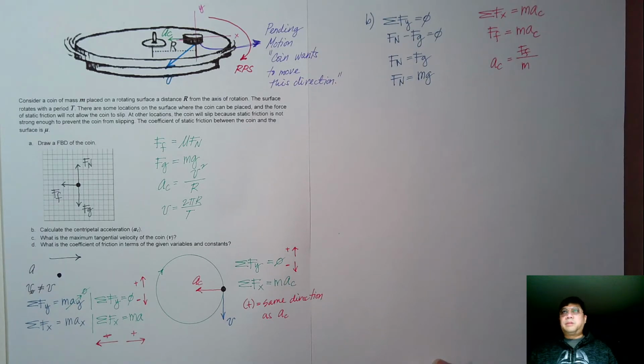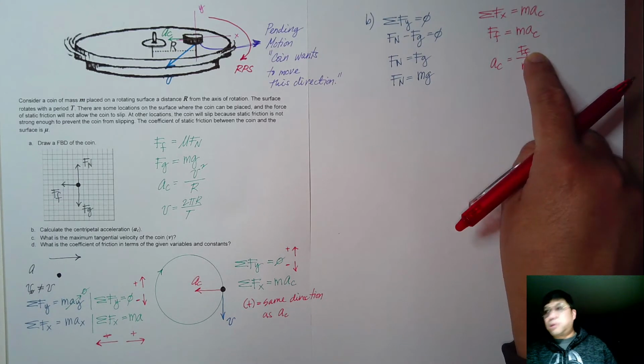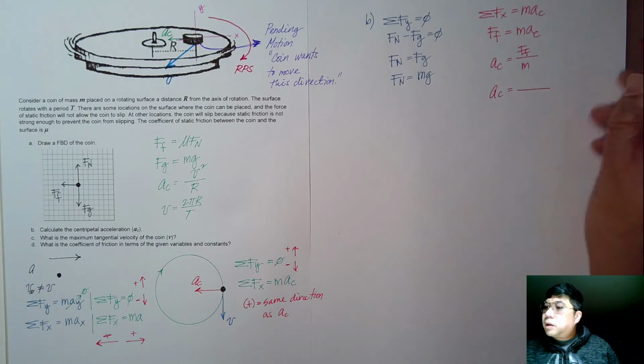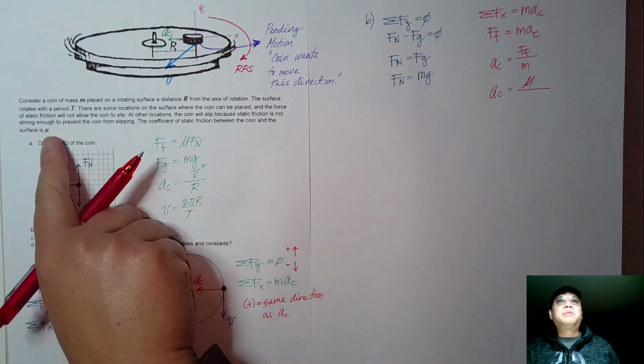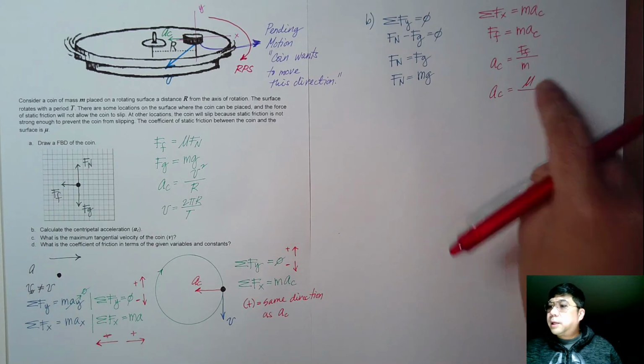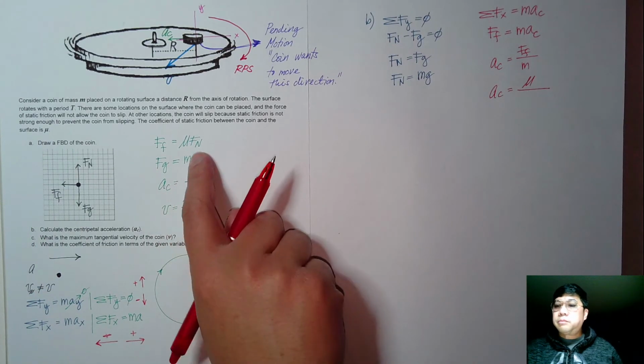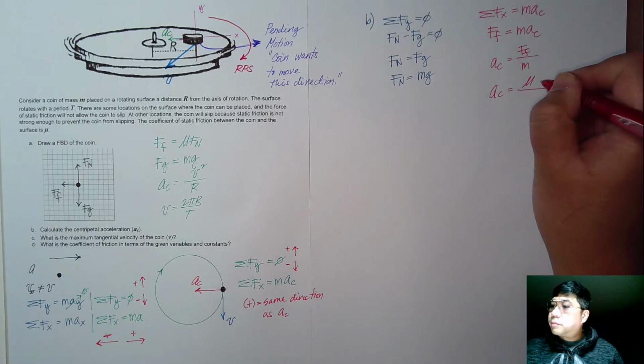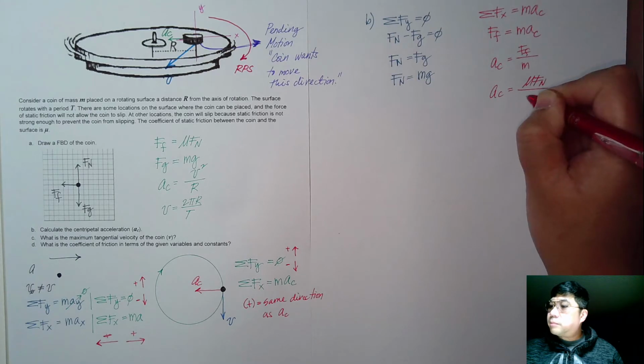Force of friction divided by m. But we all know that force of friction is mu, since we are given the value of mu, times Fn, which is our normal force, divided by m.